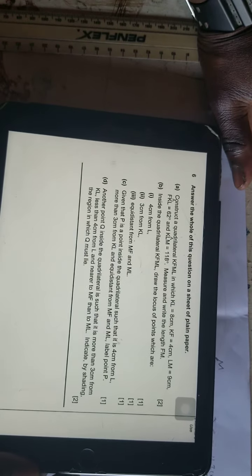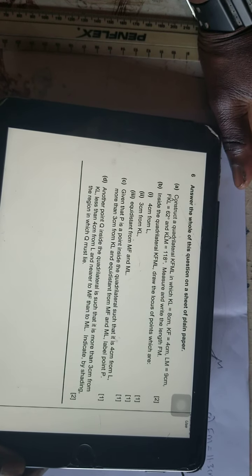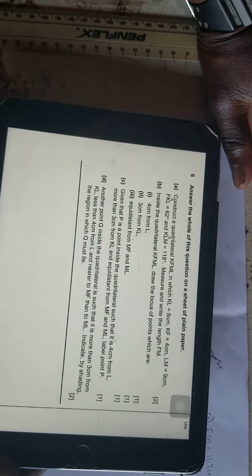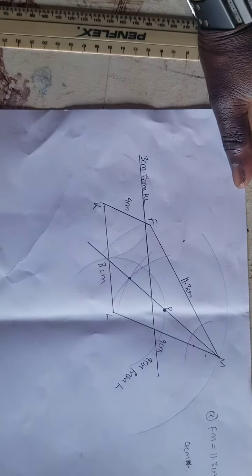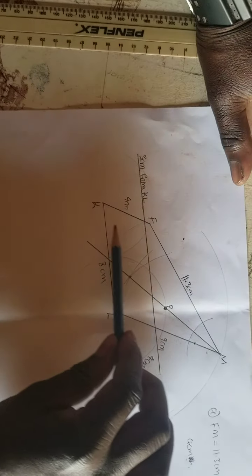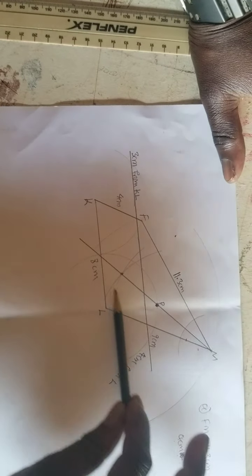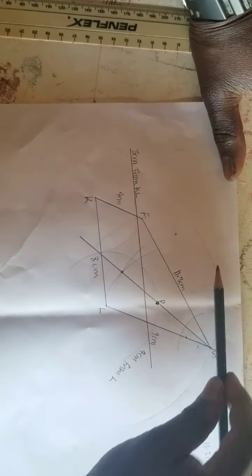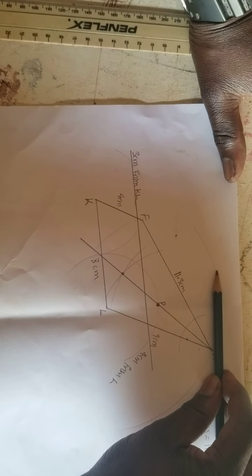Let's go step by step. Point Q is more than 3 centimeters from KL. The 3 centimeters from KL is this line here. So if it is more than, it's found beyond on that side.